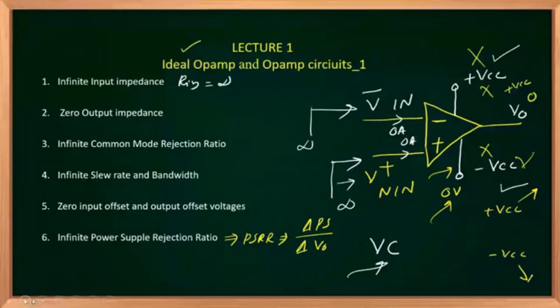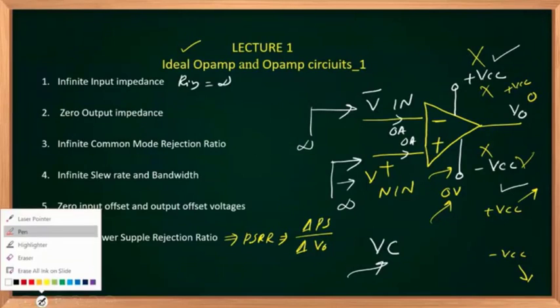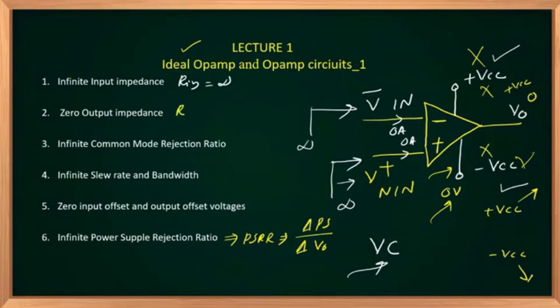Then the second property is zero output impedance: Rout equal to 0 ohms. It implies if you are looking into the output node of your op-amp, you will feel a 0 ohm output impedance. As all of you know, an ideal voltage source has an output impedance of how much? 0 ohms.